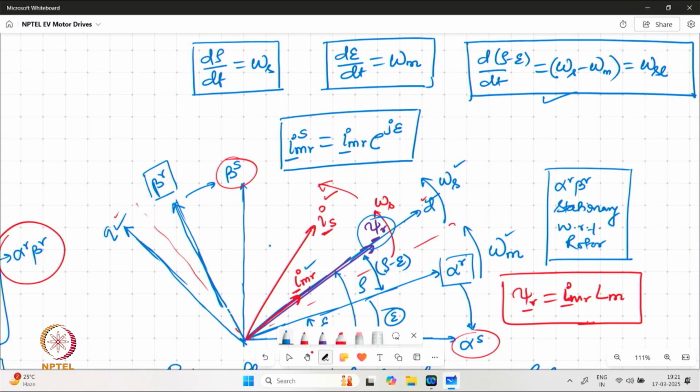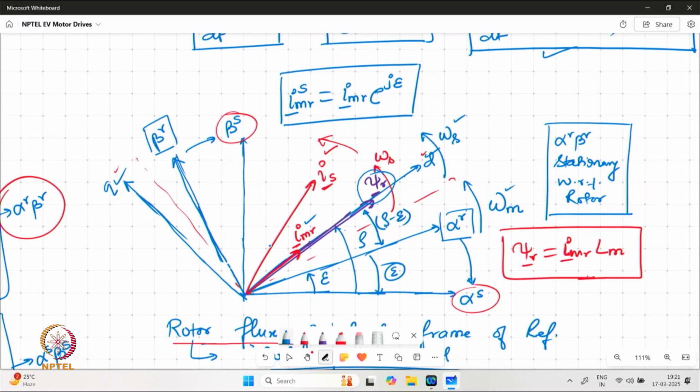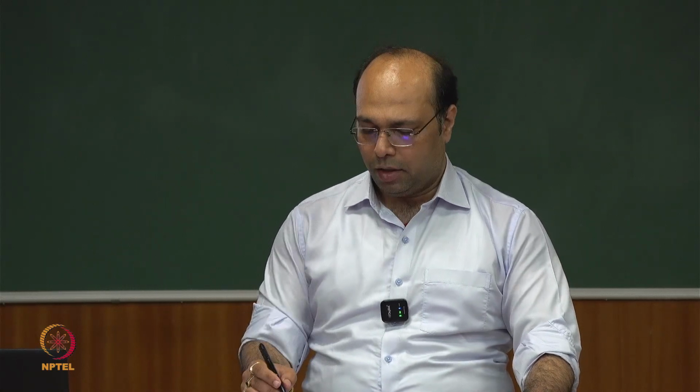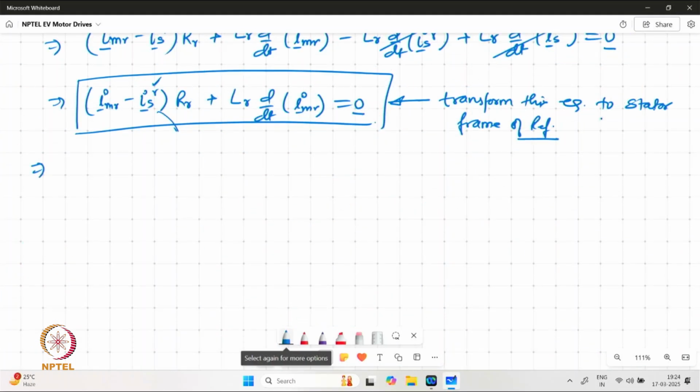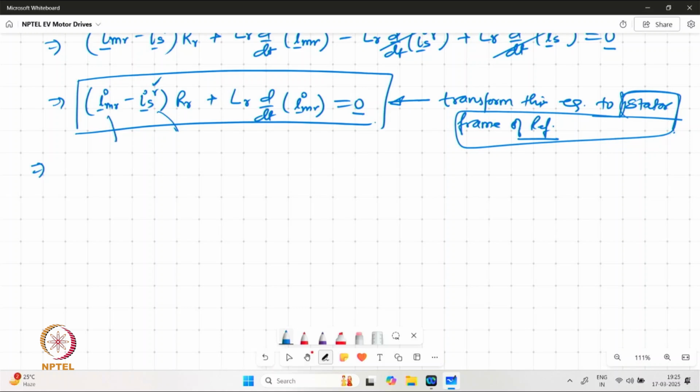So this is the thumb rule we have seen earlier as well, that if our frame of reference is going in the counterclockwise direction, we have to have a negative angle. But because here we are going in the clockwise direction, we have a positive angle over there. Now using this, once we are moving from the rotor frame of reference to the stator frame of reference, we need to change the quantities appropriately. So we have IMR S times e raised to power minus j epsilon and Is times e raised to power minus j epsilon.